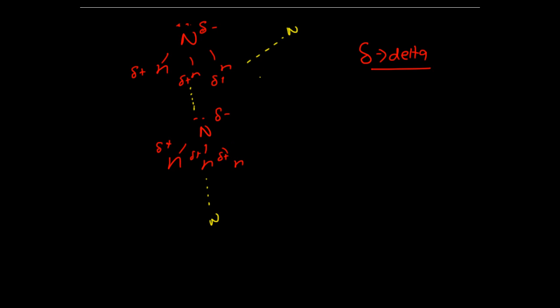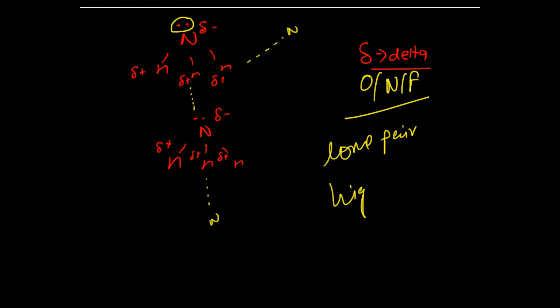So if you are asked in an exam to label hydrogen bond, then there are three things you need to concentrate on. The first one is to show the lone pair electrons on oxygen, nitrogen, and fluorine, because they have lone pairs and high electronegativity, they can form hydrogen bond.